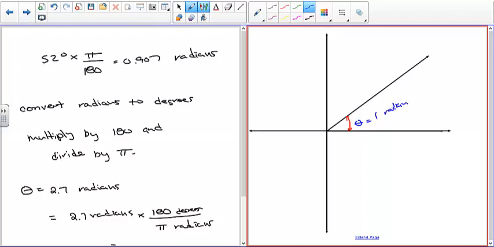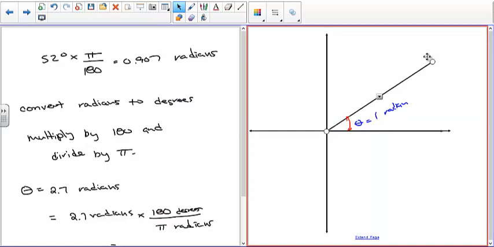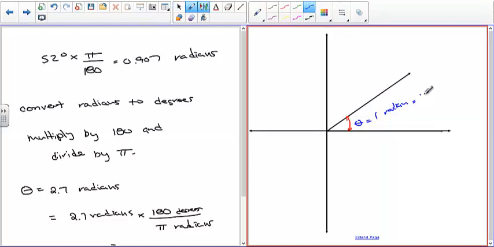Now if I take this ray, and instead of just coming from here to here, I go all the way around and then do the same part, this angle could also be represented as 1 plus 2 pi radians. Whether I do 1 radian or 1 radian plus 2 pi, it looks exactly the same to me.